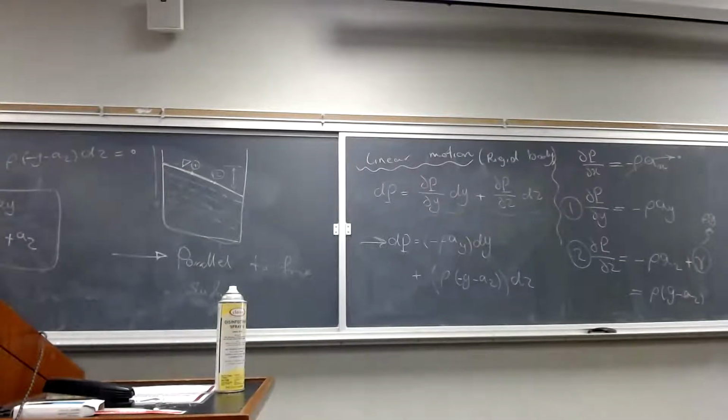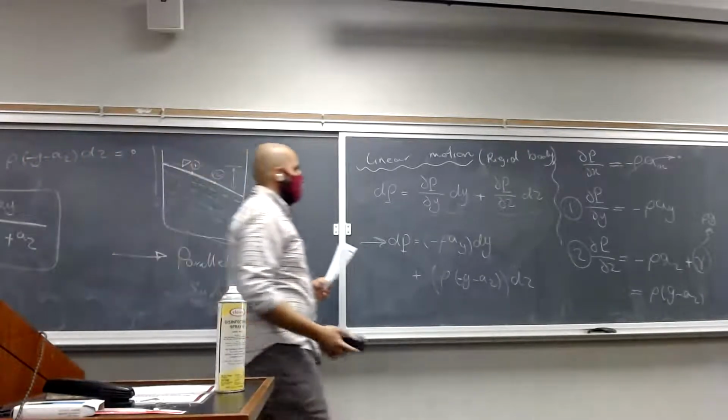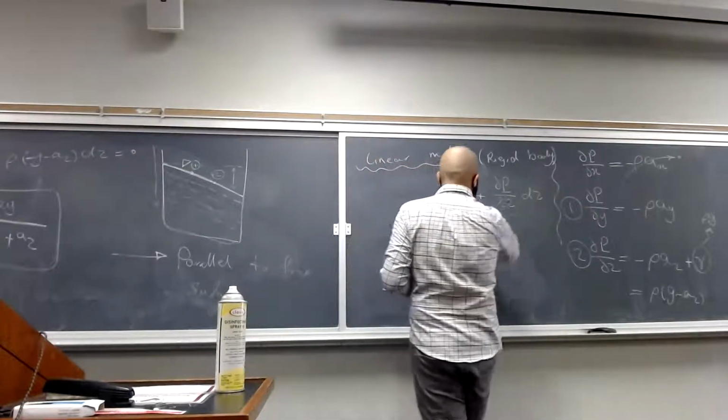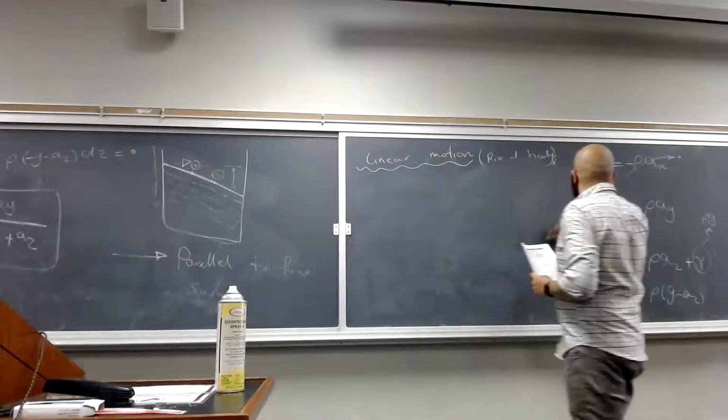I forgot, there is also a negative sign here. Don't forget the negative. So it is negative ay divided by g plus az. Okay. Let's solve an example.